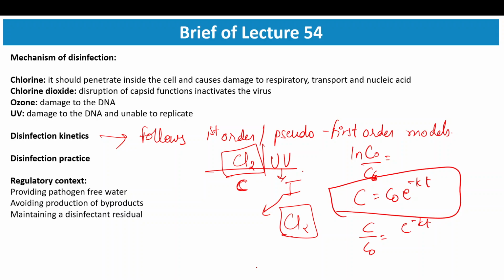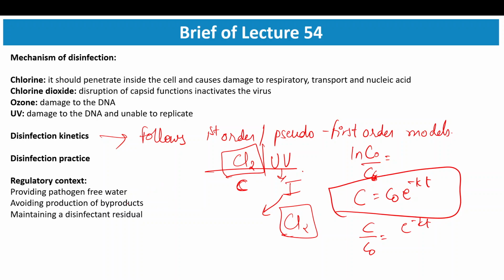And if you talk about disinfection practices, then there are specific regulatory norms which are made, which need to be followed while using or assigning any process. So first, the final water should be pathogen free, right?